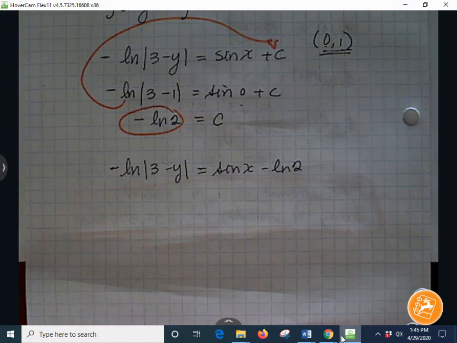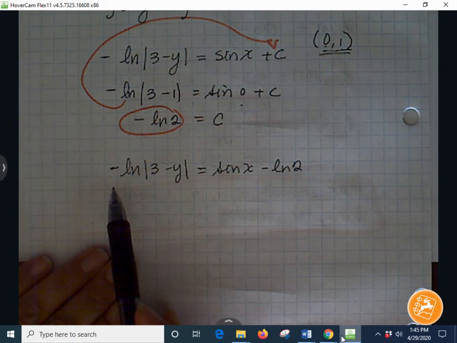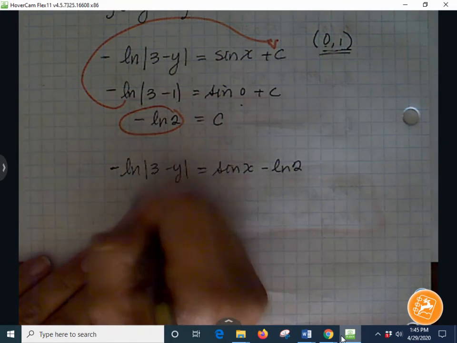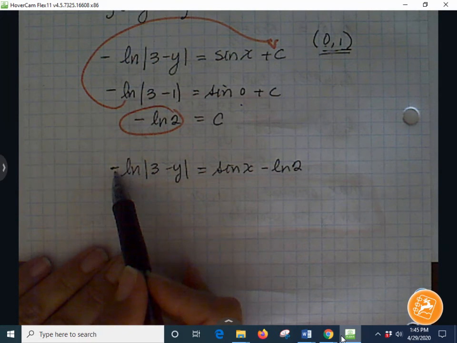Okay, and so now we're going to solve for y. The first thing I'm going to do is get rid of this negative, because most likely what we want to do is exponentiate, do the big E.